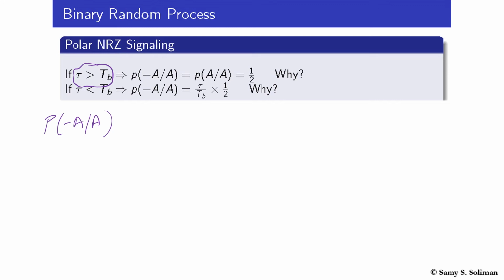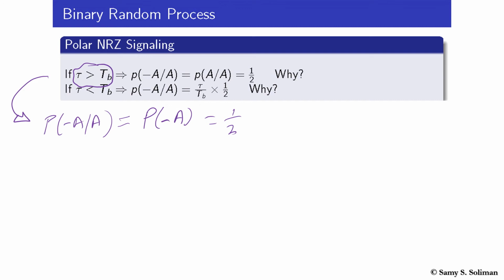As we know, if two random variables are independent, then the conditional probability is equal to the marginal probability. So it is equal to the probability that the second one is negative A, which is half as we calculated before. So if the two samples are separated by tau larger than TB, the conditional probability equals the marginal probability, which is half.